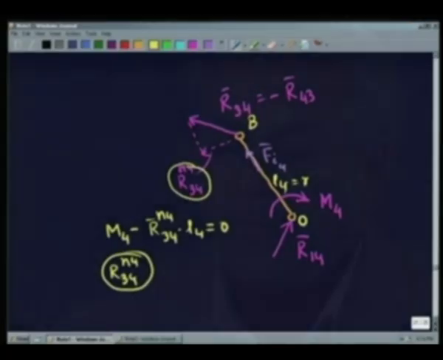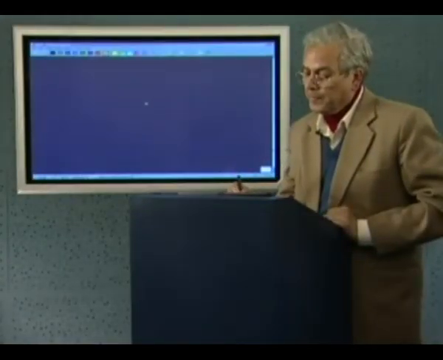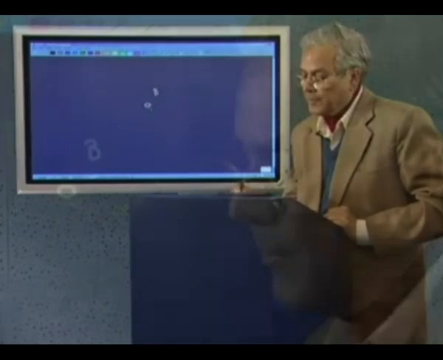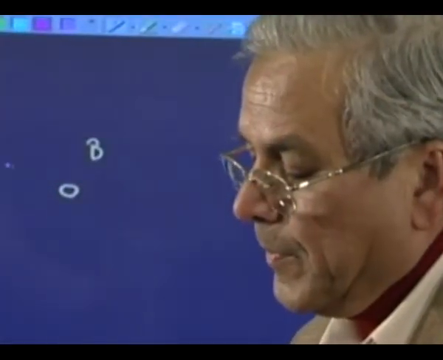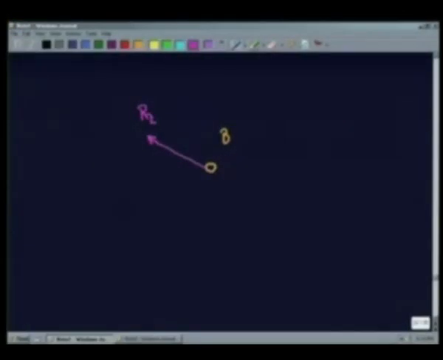So we have found out the normal to 4th link, a component of this spin force. Now let us consider this point B. We have seen that this is R34 and this is obviously equal and opposite, which is R43.